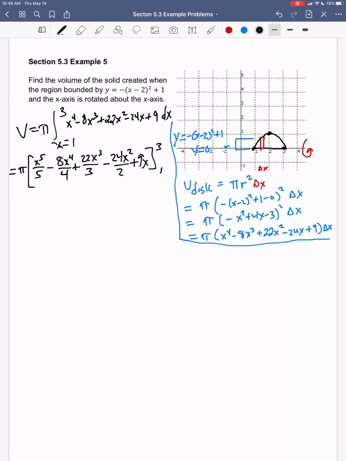So I can simplify a couple of those fractions. I get x to the 5th over 5 minus 2x to the 4th plus 22x cubed over 3 minus 12x squared plus 9x, evaluated between 1 and 3.